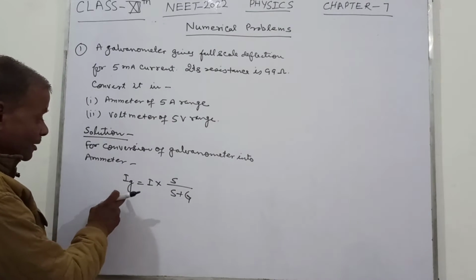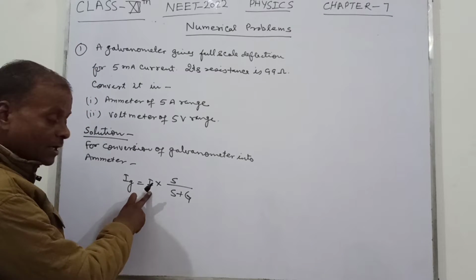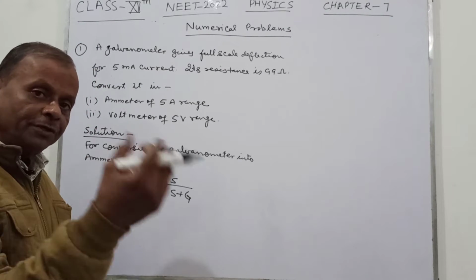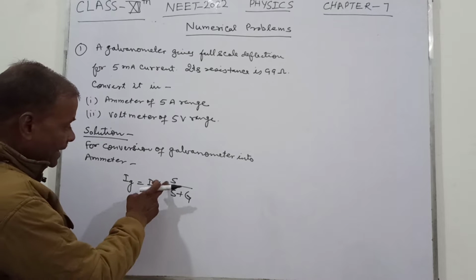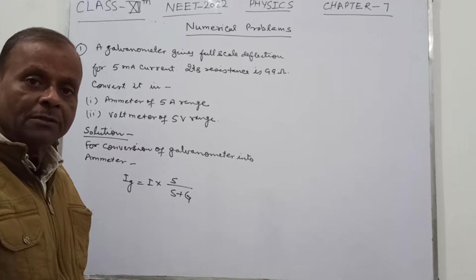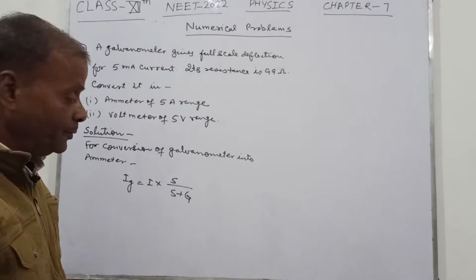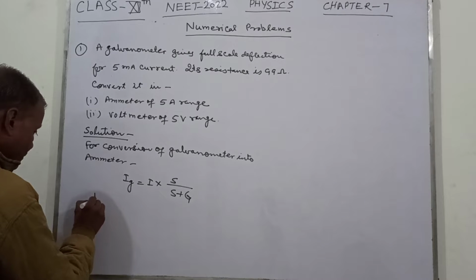Ig is the galvanometer current which gives the full scale deflection. I is the range of the ammeter which is to be converted. S is the resistance of the shunt, and G is the resistance of the galvanometer.